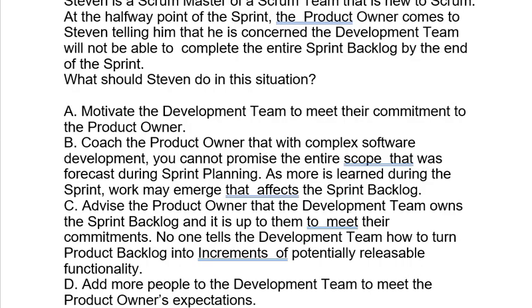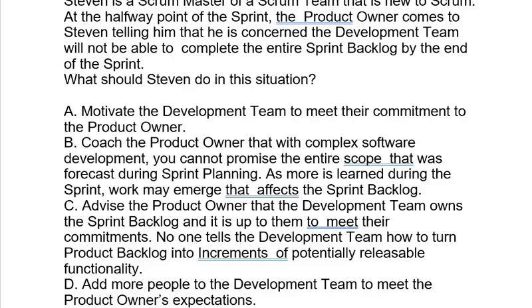Option A, motivate the development team to meet their commitment to the product owner. Option B, coach the product owner that with complex software development, you cannot promise the entire scope that was forecast during sprint planning. As more is learned during the sprint, work may emerge that affects the sprint backlog.